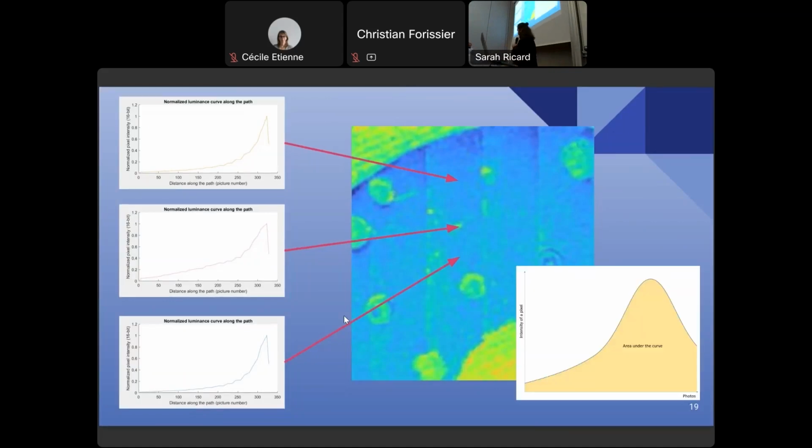And as you can see, maybe, this curve is slightly greater. So the area is slightly greater than the two others, and the spot is a bit lighter. So it changes color, so we can deduce there is a difference of gloss.